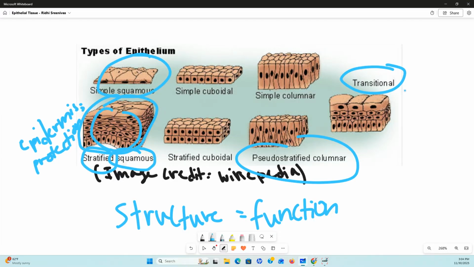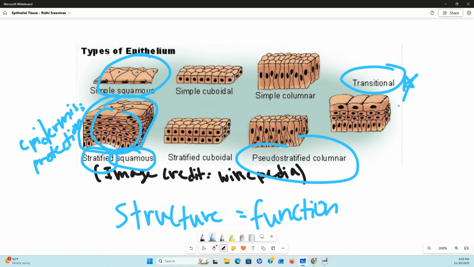So that's where transitional epithelium is going to be really important in those areas. Because transitional epithelium is good at stretching, that means the urinary bladder must be good at holding liquids, and the structure of this tissue tells us that the urinary bladder can do this, right?